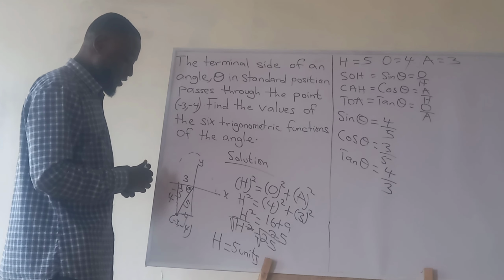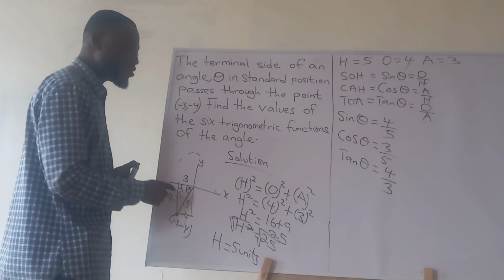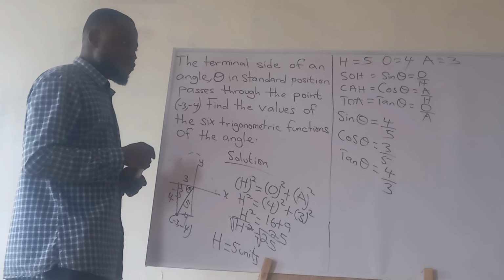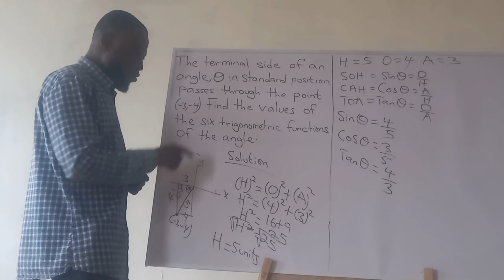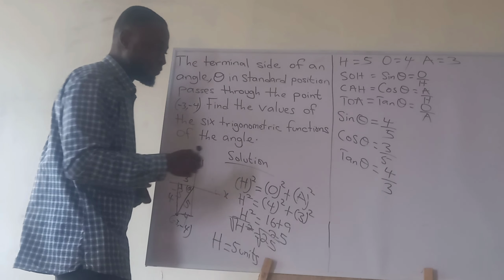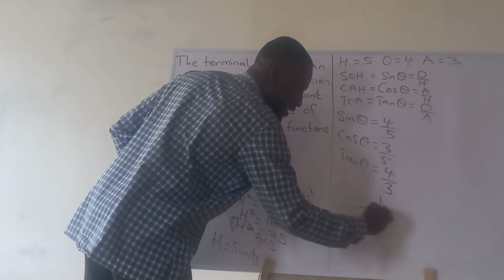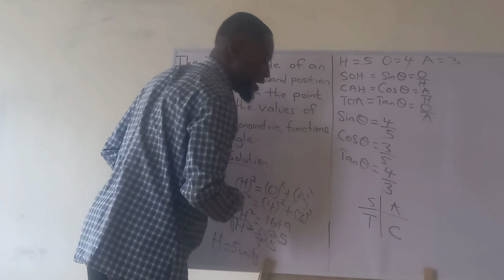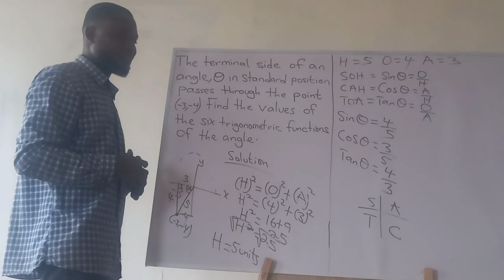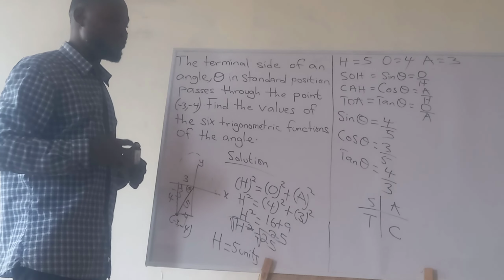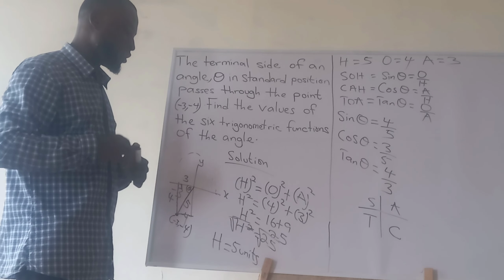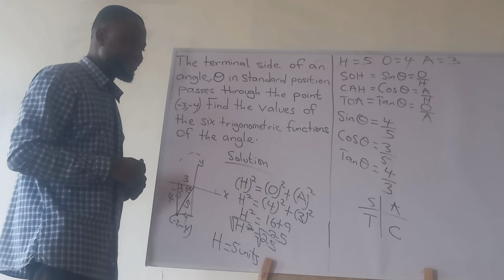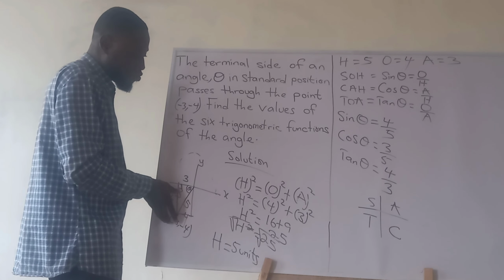In this case, our point falls in the third quadrant. And for you to know which of the ratios should be negated, we have a rule known as the CAST rule, C-A-S-T. It's also a way of remembering which of the ratios should be negated and which should be positive.